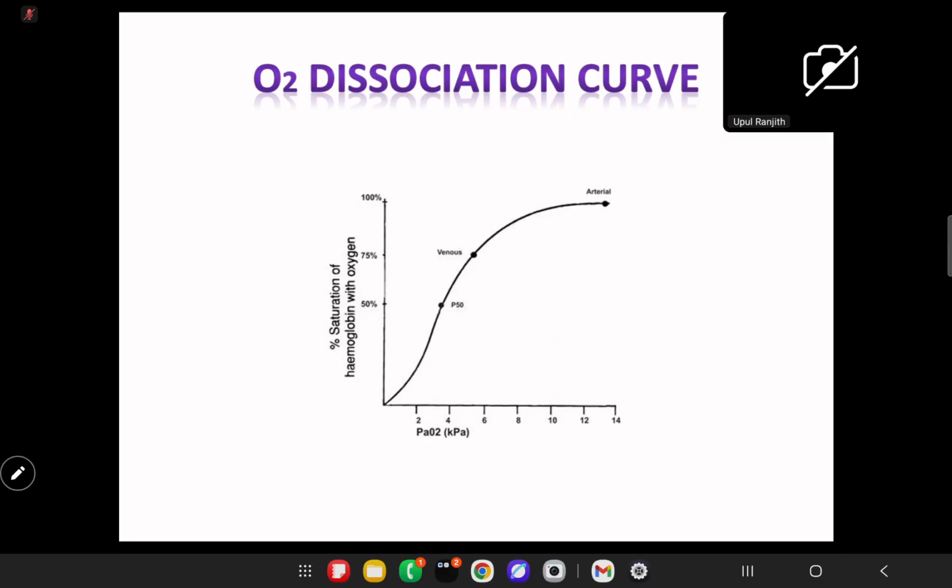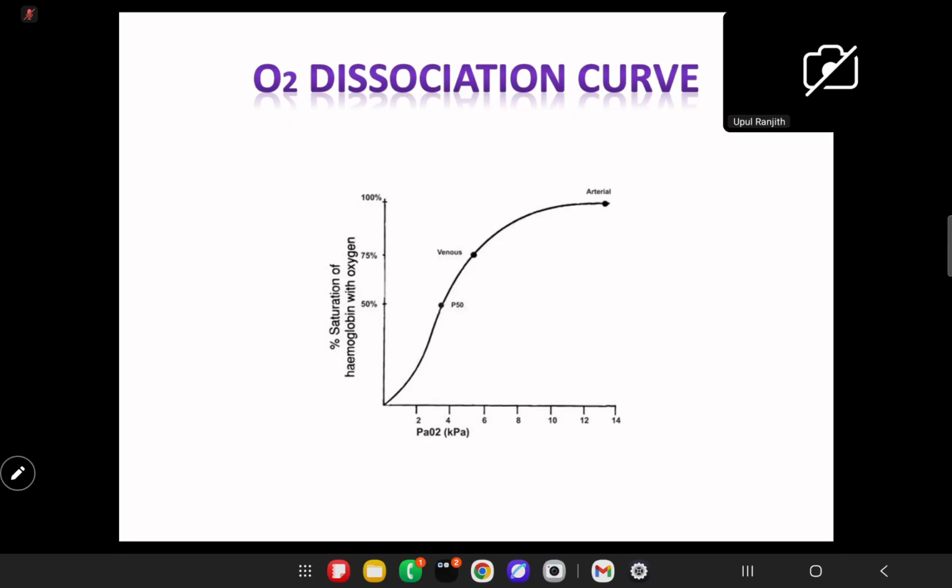If you take the kidney, the renal vein will have a higher saturation because the kidney is getting about 20% of the cardiac output. That is not for the metabolic demand, but for the excretory function, so it needs such a big amount of blood.